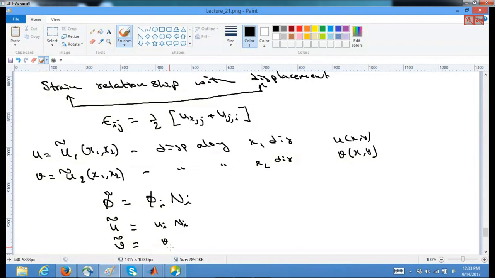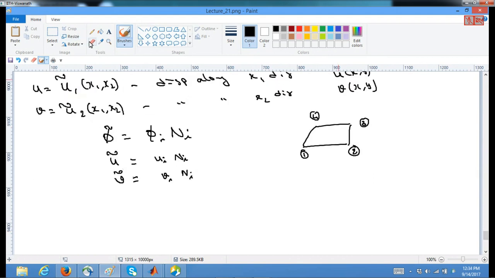For example, let this be node 1, this be node 2, this be node 3, and this be node 4. And let me take a proper regular element, for which we already have shape functions to start. So let me take this kind of an element.